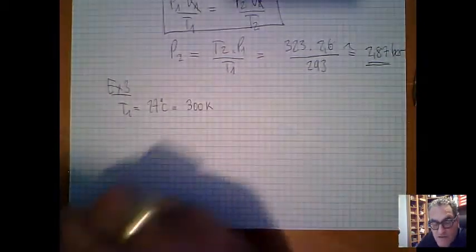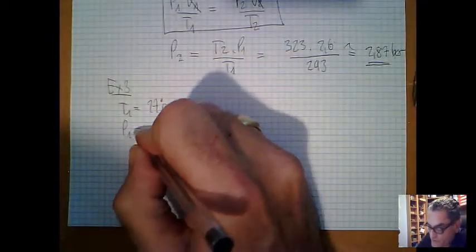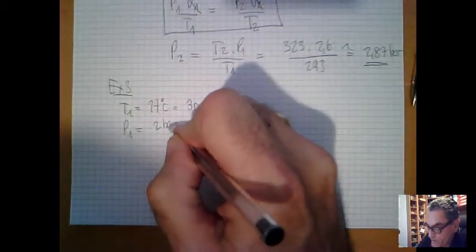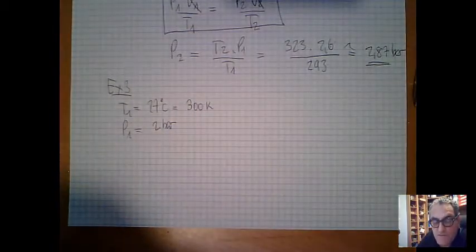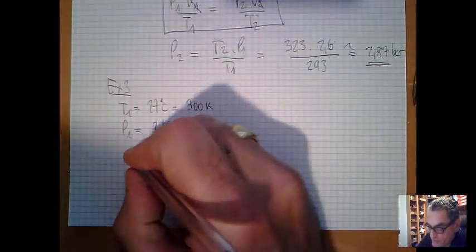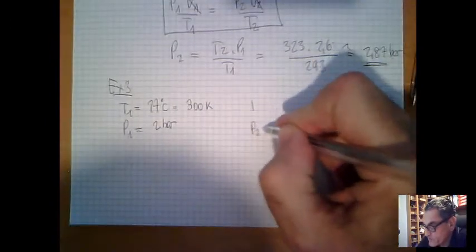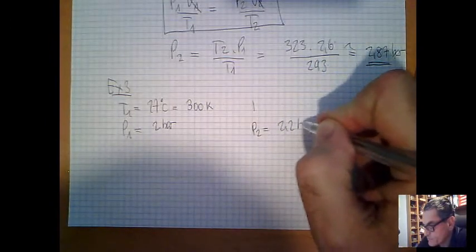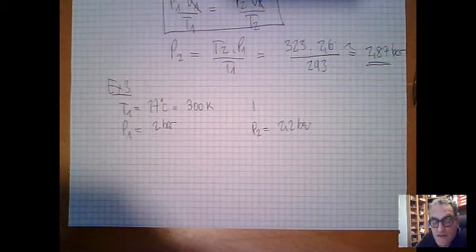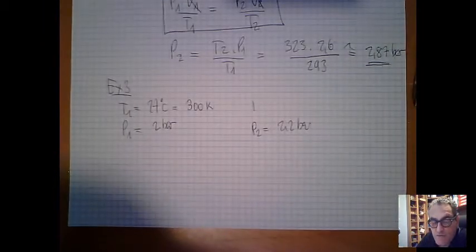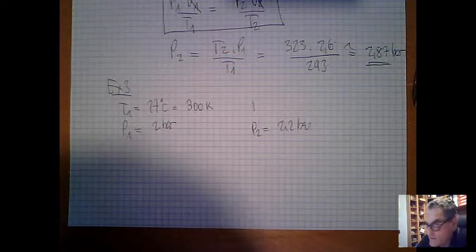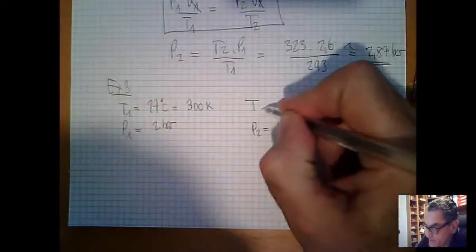This is the inflation temperature. The pressure P1 is 2 bar. We will see what unit we use later. After the car has driven, tire pressure becomes 2.2 bar. So pressure 2 is equal to 2.2 bar. And assuming constant tire volume and approximating tire air by a perfect gas, calculate the temperature inside the tire.